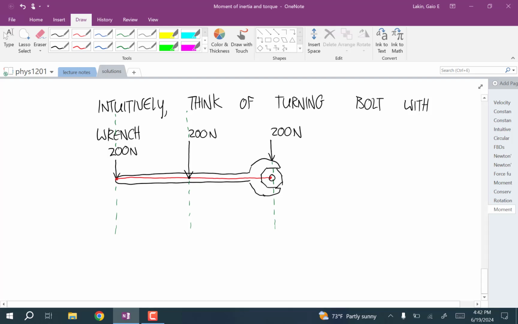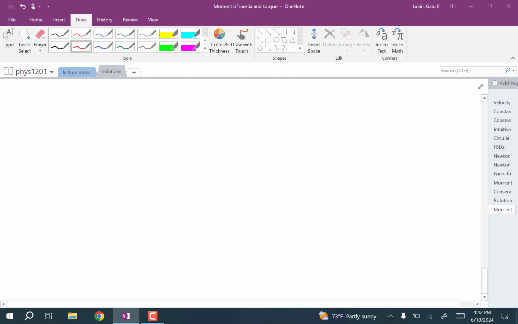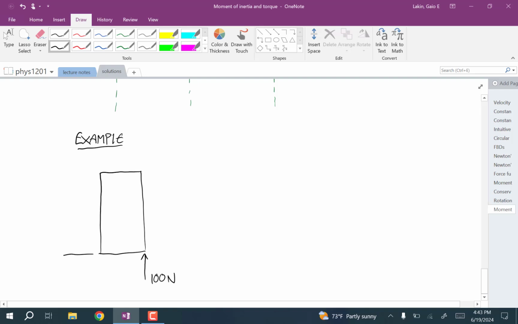Let me do an example of calculating a moment. So let's say we have a rectangular shaped body, and we have a force here of 100 newtons and a force here of 200 newtons.